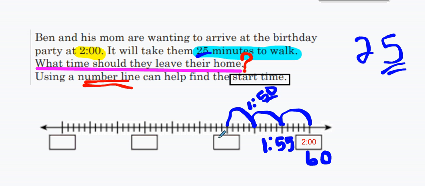Good job. 145. Right? And I'm going to go ahead and subtract 5 more. And that would be 45 minus 5 minutes. How much would that be? Correct. That is 140.